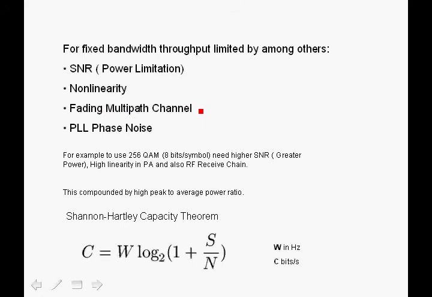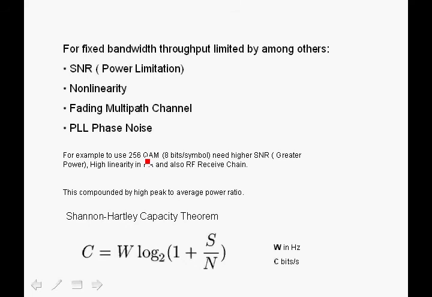One is of course intersymbol interference and the need for equalization, channel equalization, and also the fact that you have deep fades, and for particular carriers or frequencies you have very low SNR that degrade the performance. You have phase noise in the PLL and other non-idealities that limit the amount of points that you can have in a constellation, and therefore the throughput you can achieve over a band limited channel.